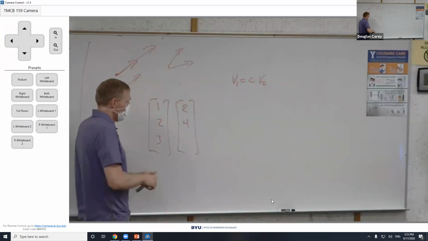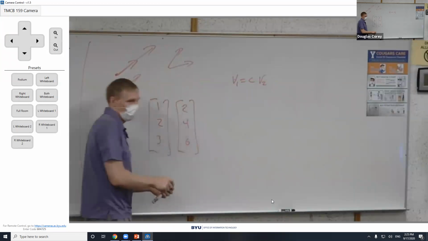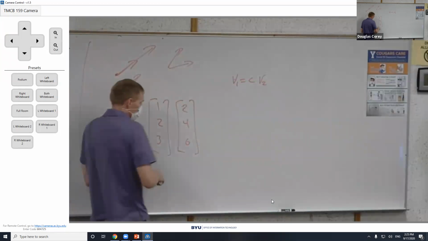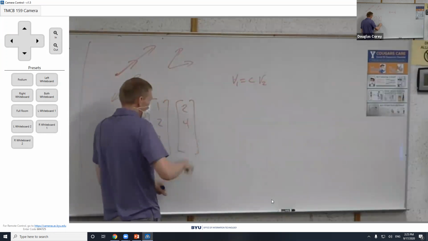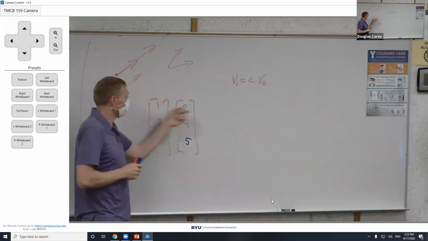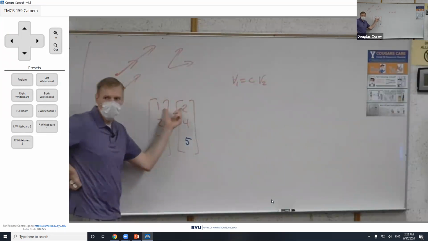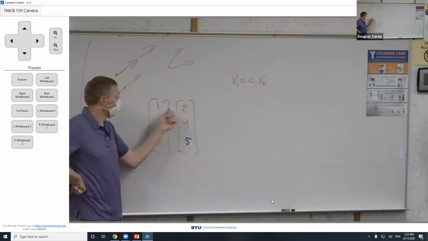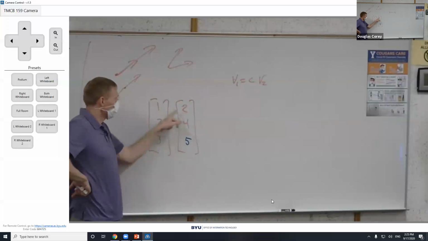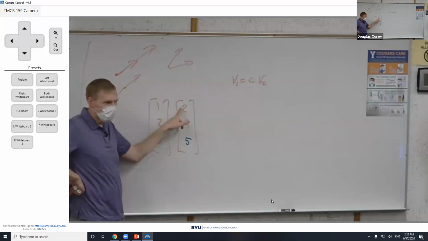6. And in fact, if I put anything other than 6, then they're linearly independent. If I make this 5, well, there's only one thing. I just have to look at one pair of corresponding entries before I know what the scalar has to be. 1 times what is 2? 2.